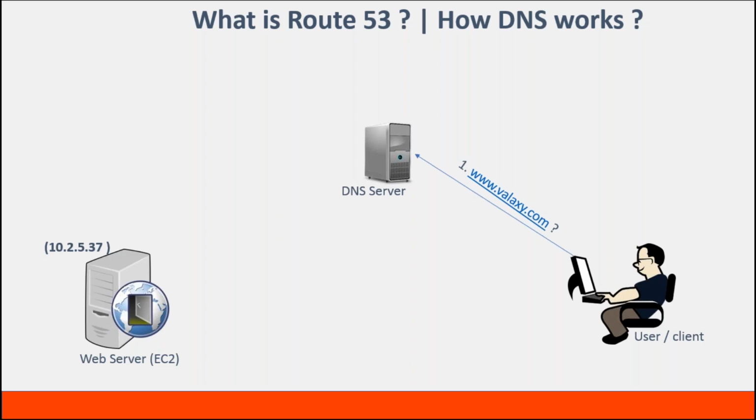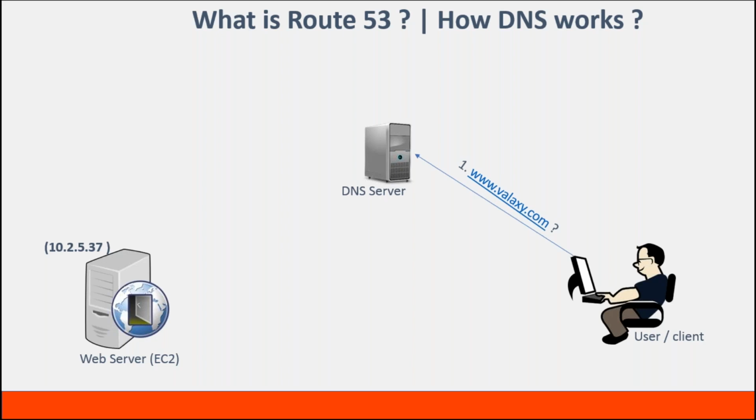Now it's the DNS server's responsibility to give the mapping or the IP of this name. How does this DNS server know this information? You should have fed this information into the DNS server already. Because I know what my IP address is, I will keep this IP address information in the DNS server, stating that, hey DNS server, if you get any request asking for the IP resolution, just give this IP as an answer.